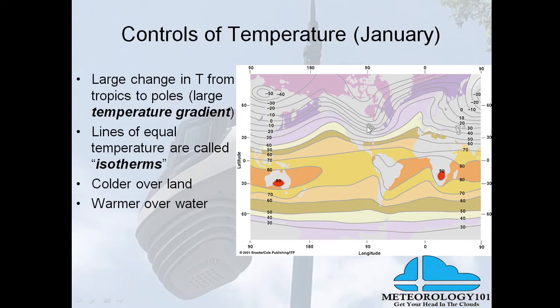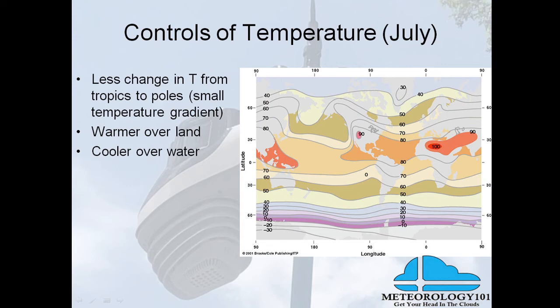So this is January. In a polar outbreak, the cold air over Canada pushes south, and now your north-south temperature gradient from the equator to the poles has shifted south. So now you have a long wave trough with the jet stream. So the north-south temperature gradient is the cause of the jet stream.